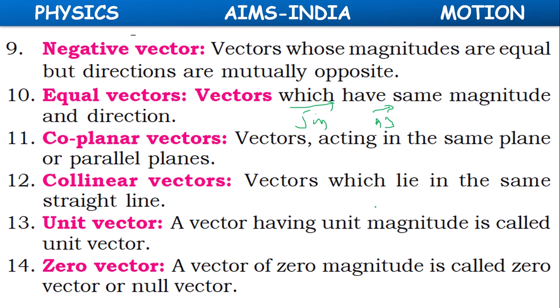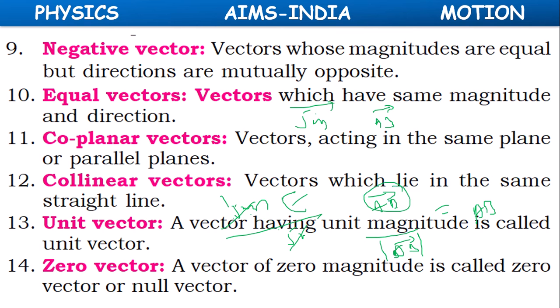If any vector is divided by its magnitude, like modulus of AB bar, then we will get the unit vector of that particular vector, because 5 meters towards east divided by its magnitude 5 gives 1 meter, means 1 unit towards east direction.